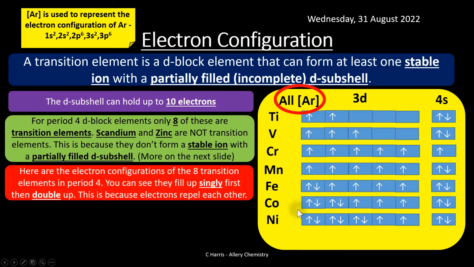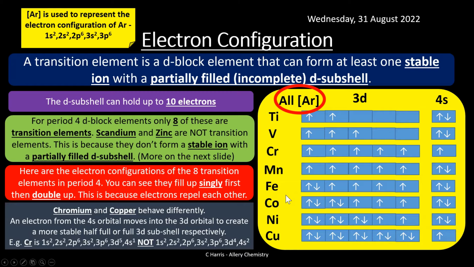And then for the last one here, copper, we have a full d subshell, but a partially filled s subshell. So the electron from here jumps into here. This is more stable, to have a full d subshell, and this one is left unoccupied.